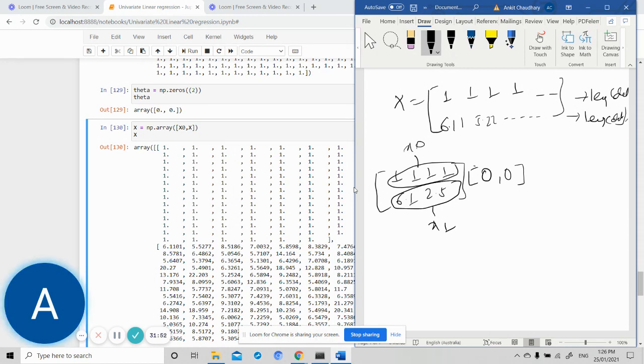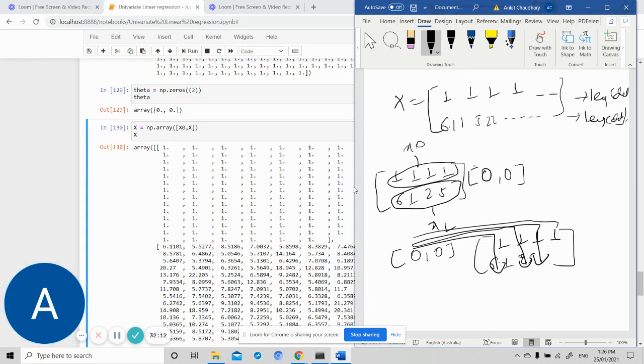So now we are going to do a matrix multiplication. That means 0 comma 0 times 1 1 1 1 and 6.1 2.5. This by this, again this by this; I said we need to follow this convention.